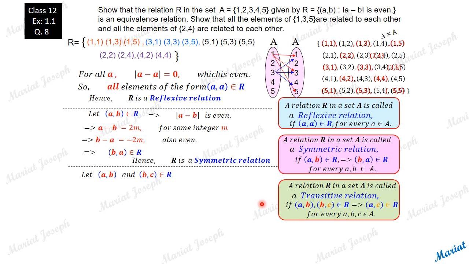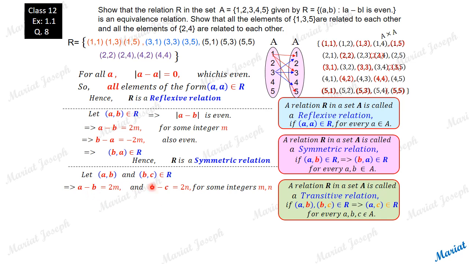Let's go by taking representative elements (a, b) and (b, c) of this relation, which implies a minus b is 2m and b minus c is 2n. Only then modulus of a minus b is even number, and only then the pair (a, b) will belong to the relation. Likewise, b minus c is 2n, where m and n are two integers.